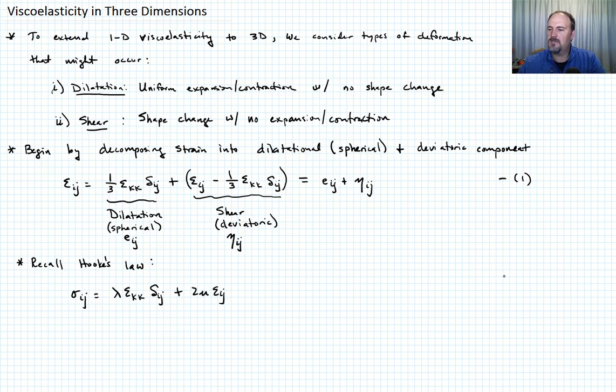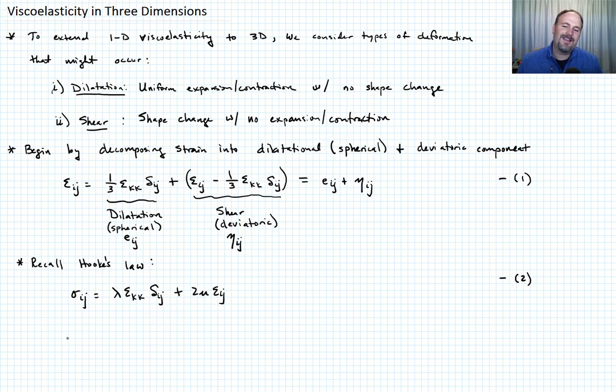Let's call that equation 2. Remember that mu and lambda are technically what's referred to as Lamé constants. And mu, that Lamé constant, happens to be the same as the shear modulus.